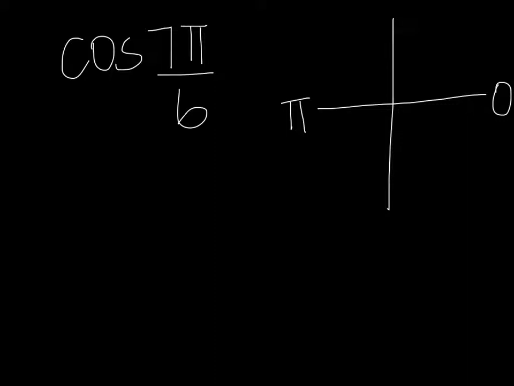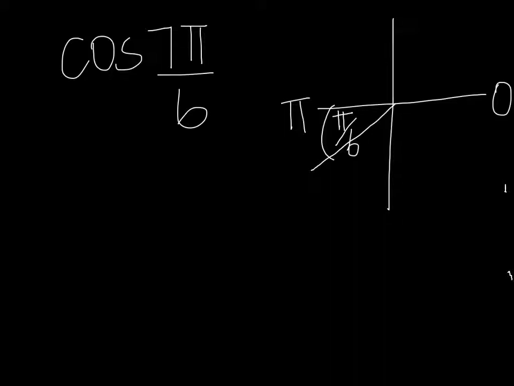Okay, so we know that 7 pi on 6 is just a little bit more than pi, because pi is equivalent to 6 pi on 6. So we're going to mark here just a little bit extra, and it's pi on 6 beyond pi. So remembering to mark in reference to our angle deviated from the x-axis.